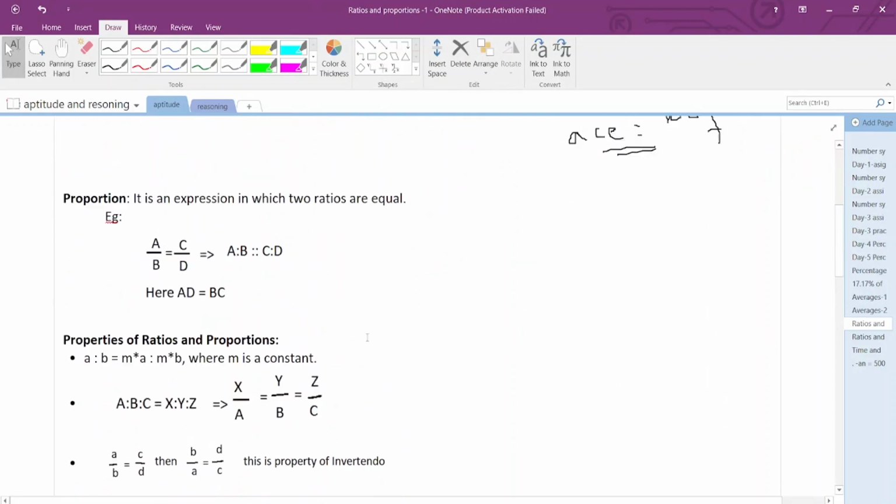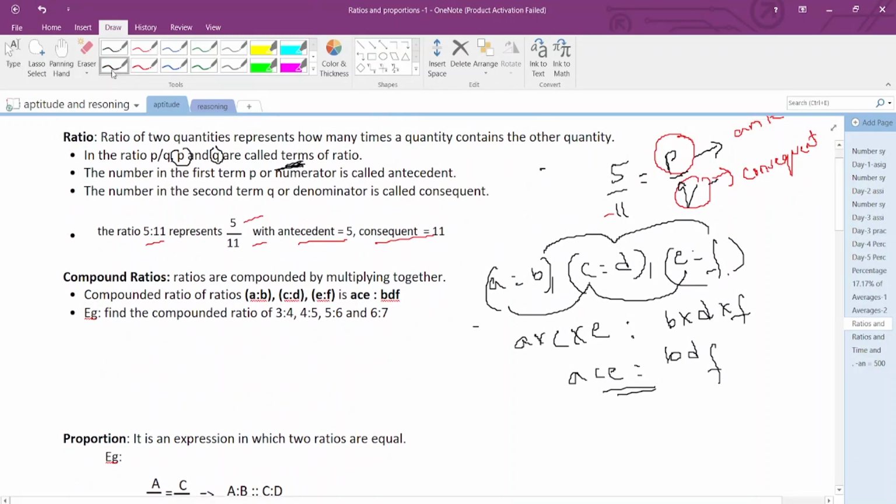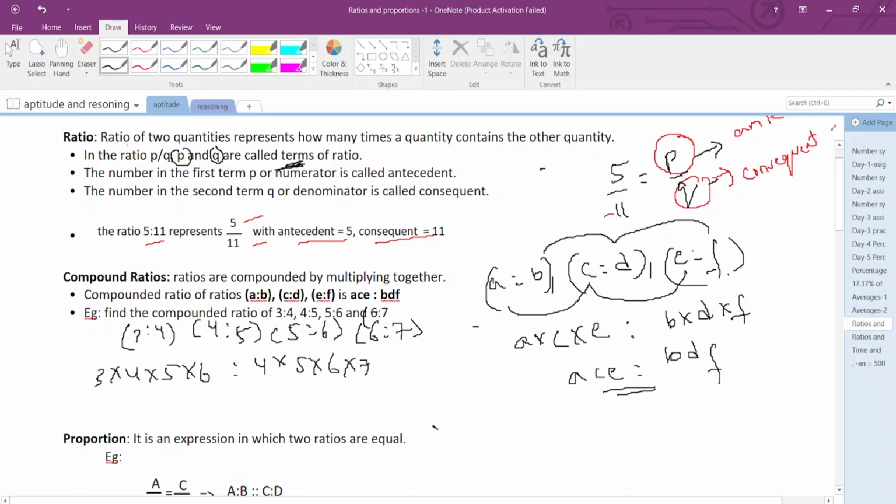See, if you see here, find the compounded ratio of 3:4, 4:5, 5:6 and 6:7. How many ratios have I given here? I have given 4 ratios: 3:4, 4:5, 5:6 and 6:7. So what did I say a compound ratio is? Multiply all the first terms, and similarly multiply all the second terms. So the first terms are 3, 4, 5 and 6. Next, the second terms are 4 into 5 into 6 into 7, right?